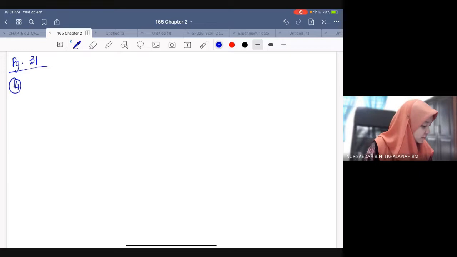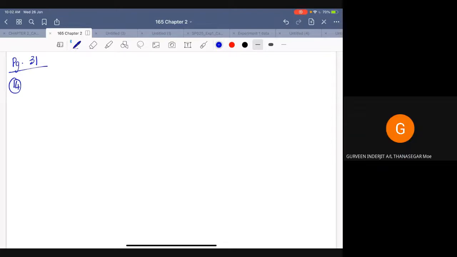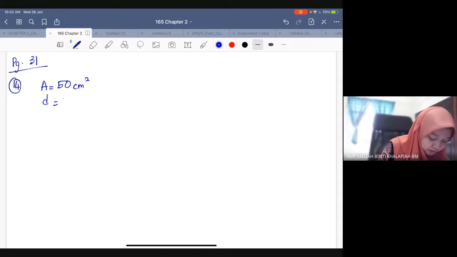Okay, so kita fahamkan soalan dulu. Apa nilai pertama yang dia bagi tu, Gurvin? First dia bagi area dia which is equals to 50 cm square. Lepas tu dia bagi distance dia 1.0 cm. So distance between the plates, small d, right? So 1.0 cm.